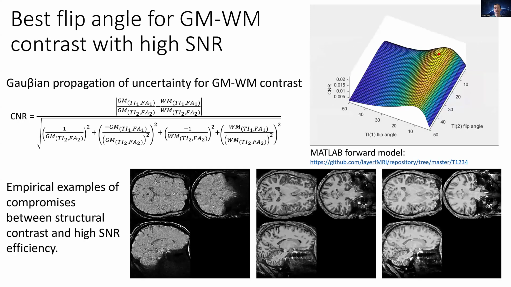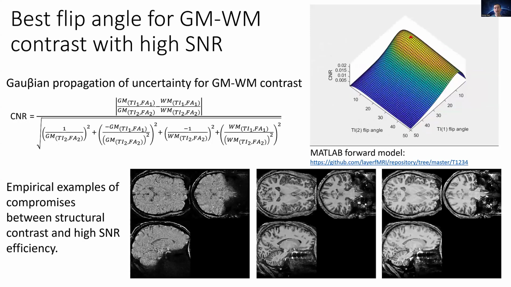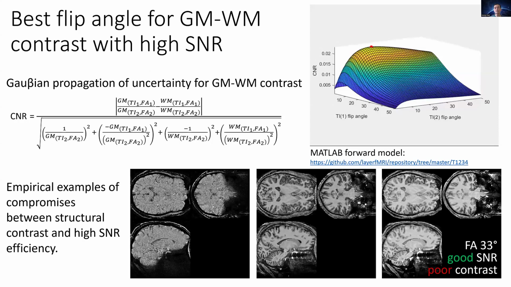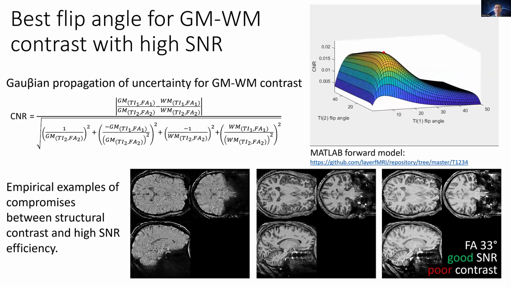This parameter search is exemplified here: how we can get good SNR at no contrast, or good contrast with mediocre SNR, or with the right flip angles, we are hitting the sweet spot.